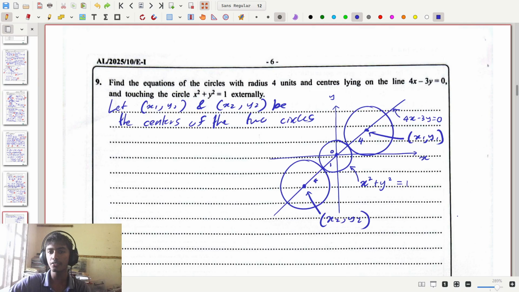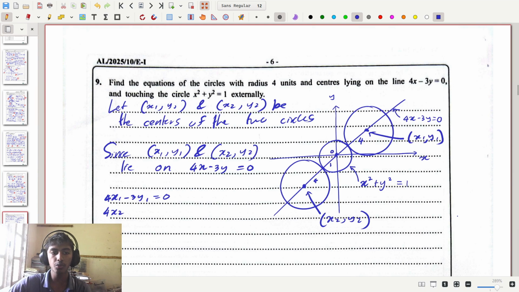Now if we consider the situation here, we can see that since x1, y1 and x2, y2 lie on the line 4x minus 3y equals 0, we can see how 4x1 minus 3y1 is equal to 0, and similarly how 4x2 minus 3y2 is equal to 0.